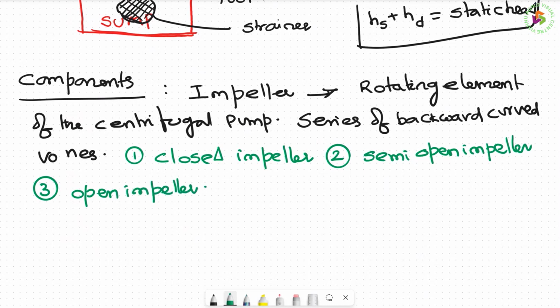In the case of an open impeller, it looks like this. Suppose this is the central component.